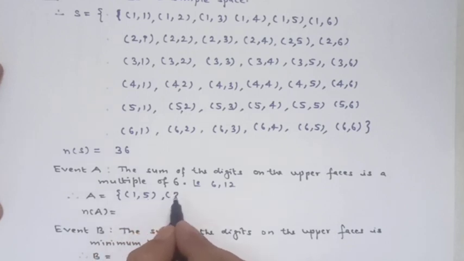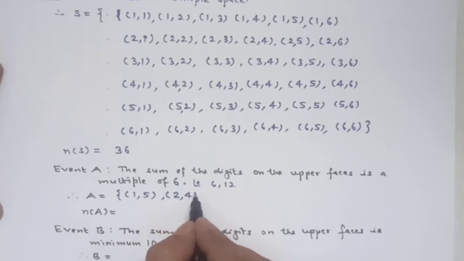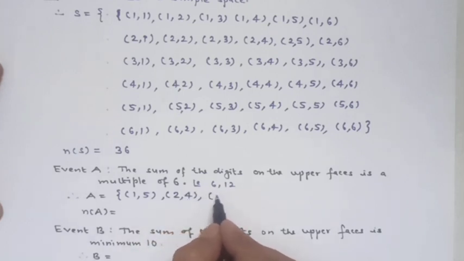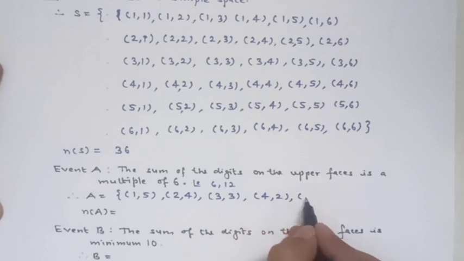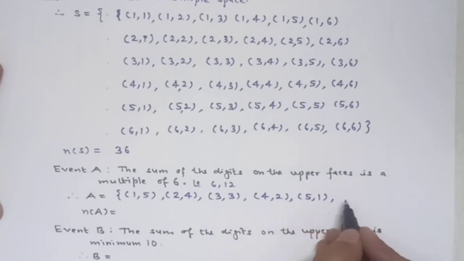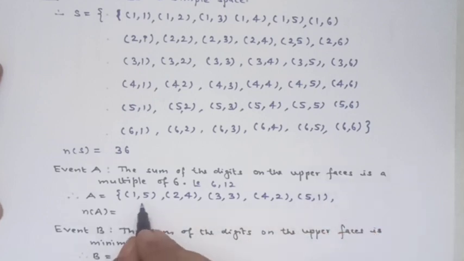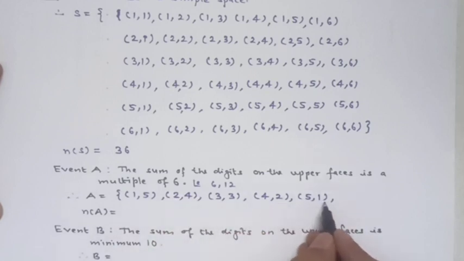When the first has 2, then the next will have 4. When the first die has 3, the other die will have 3. When it is 4, the next one will have 2. And the last, 5 and 1. When you are having 6, you would need 0, but this case is not possible because there is no 0. So for the 6 you are having (1, 5), (2, 4), (3, 3), (4, 2), (5, 1).